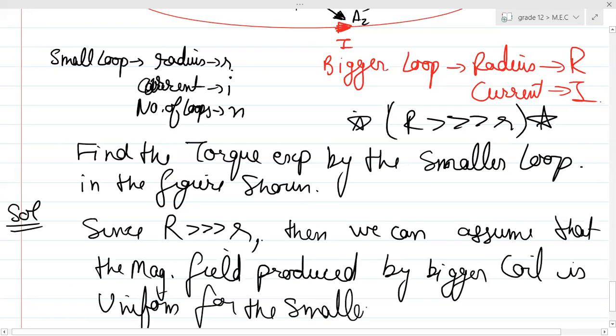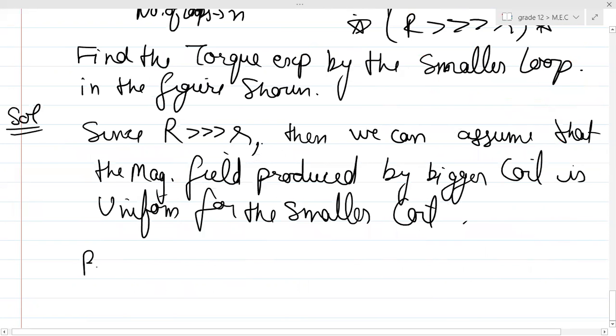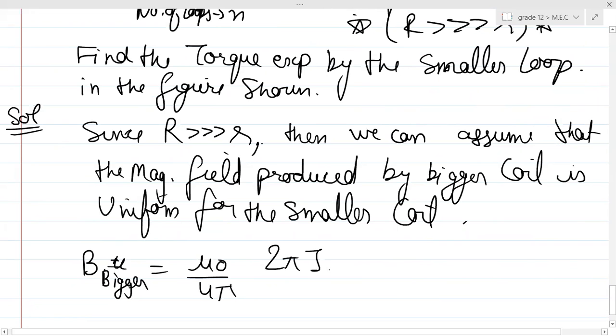Basically, this was the only thing you need to understand. Now, I think you will be able to do it. The magnetic field produced by the bigger coil will be equal to what? Mu naught by 4 pi into 2 pi I by capital R. Yes or no, guys?